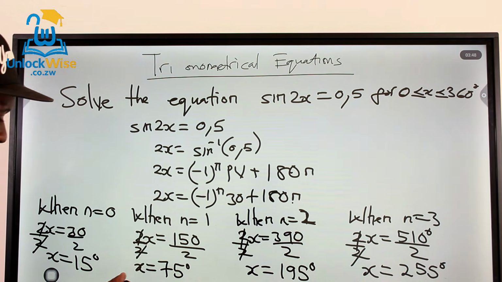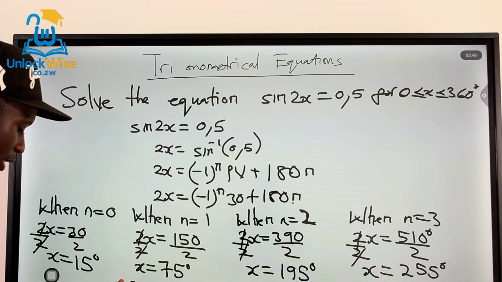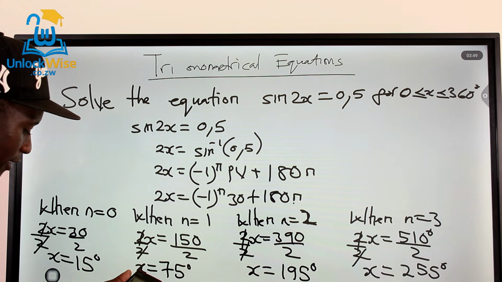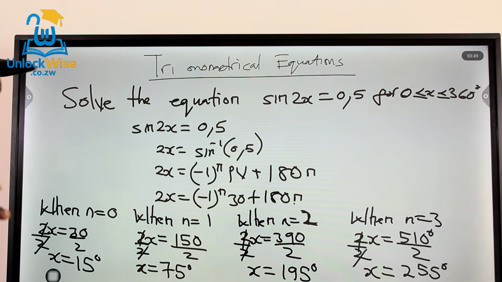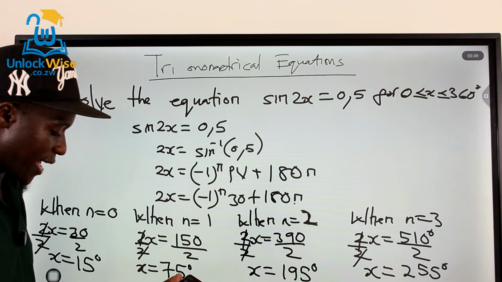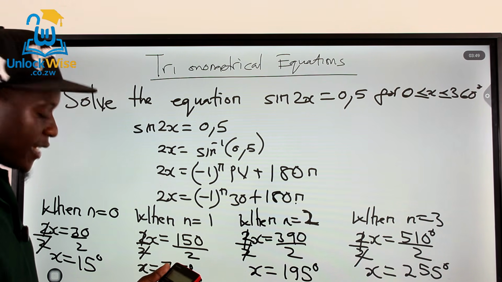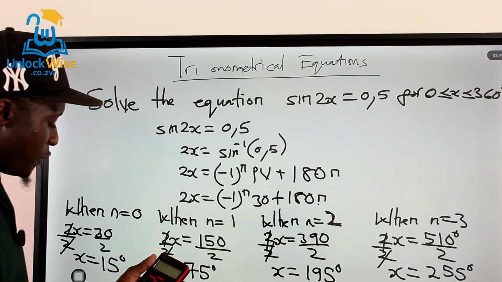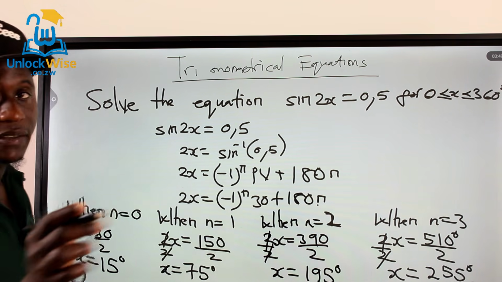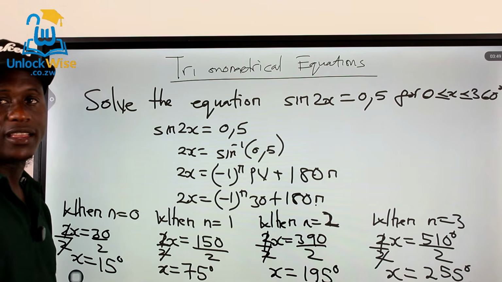Now, if we want n equal to 4, we say 180 times 4, then we get 720 degrees. 720 plus 30, which is our principal value, gives 750. 750 divided by 2, we get 375, which will be out of the range.